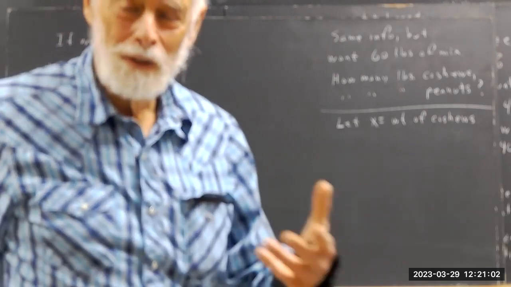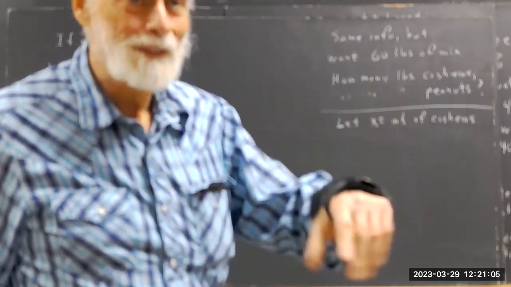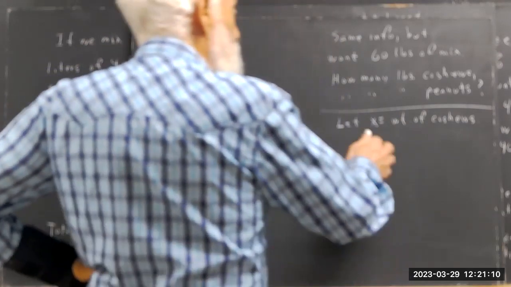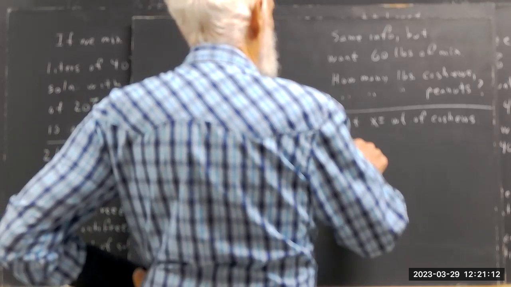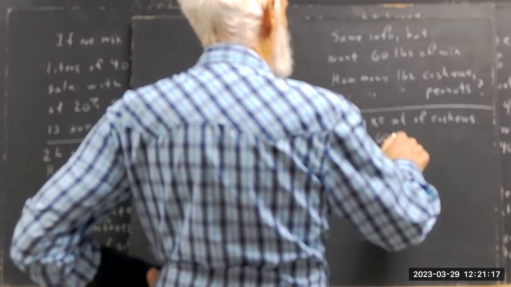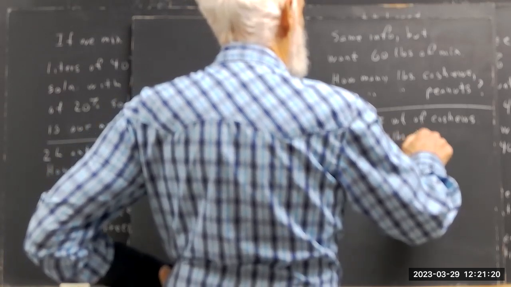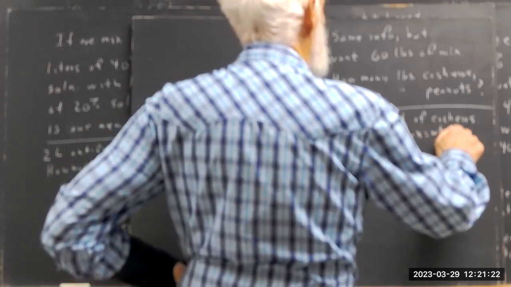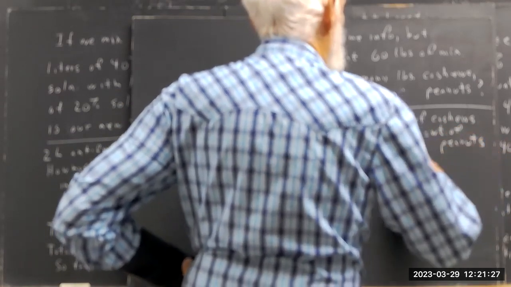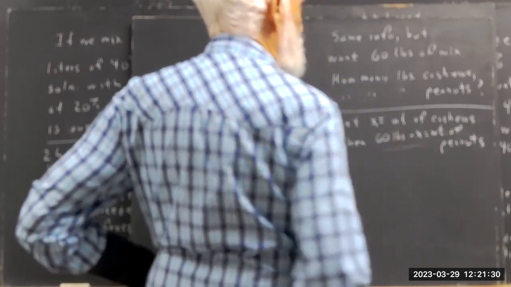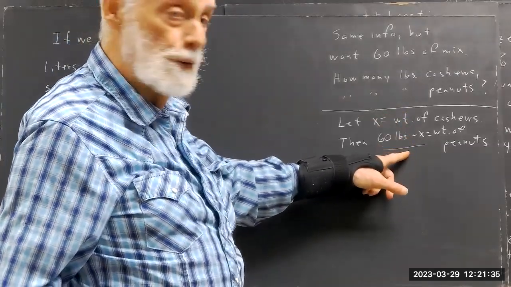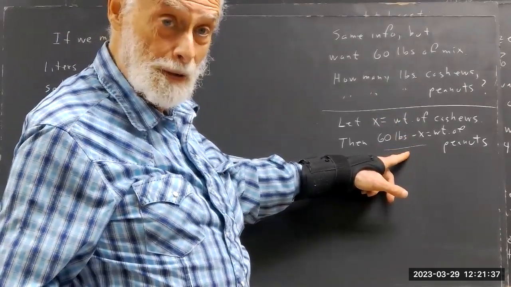Well, it's actually simple, and you would probably think of it, except we don't have time to do any more thinking. We've got less than a minute to go. If X is the weight of cashews, then the weight of the peanuts is 60 pounds minus X, right? So now we have an expression for the weight of the cashews and an expression for the weight of the peanuts.